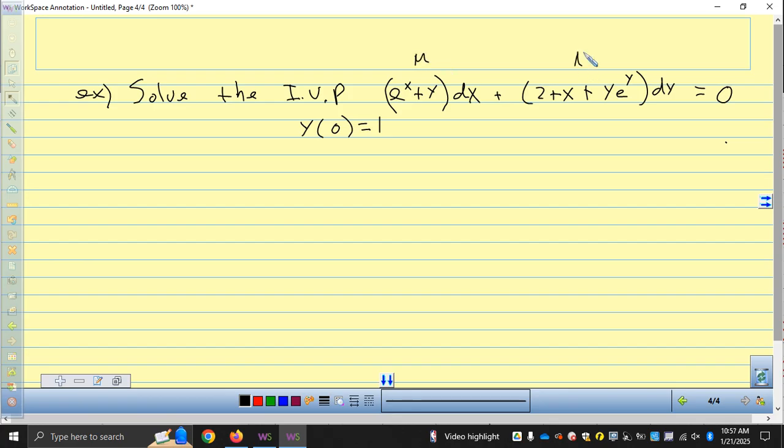Well, if that's M and that's N, see if I can write my derivatives correctly this time. Partial of M with respect to y is 1. Partial of N with respect to x is 1. So it is exact. This is an exact equation.